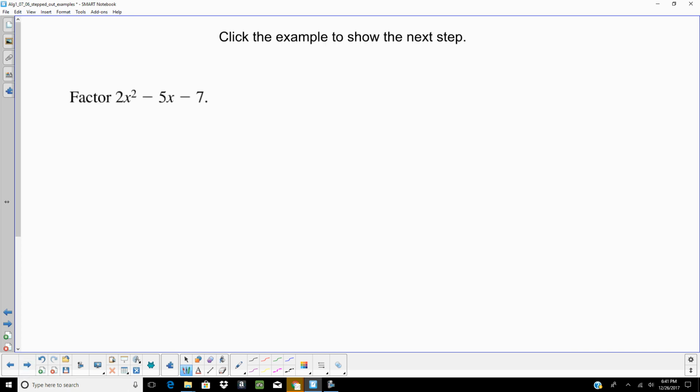Let's do another one. 2 times negative 7 is negative 14. So I'm going to get x squared minus 5x minus 14. I'm going to go ahead and factor that. I get x minus 7, x plus 2.